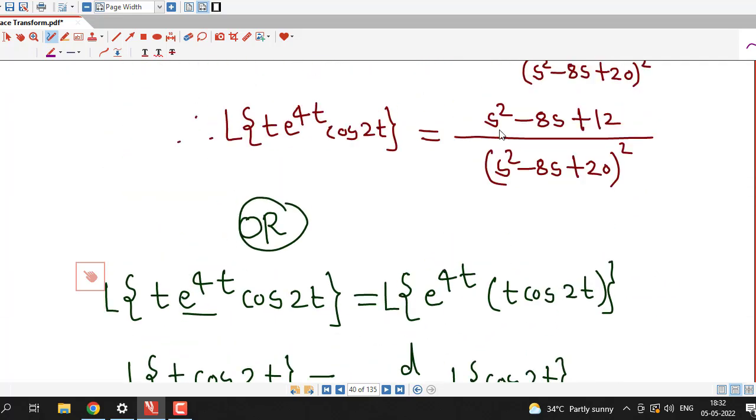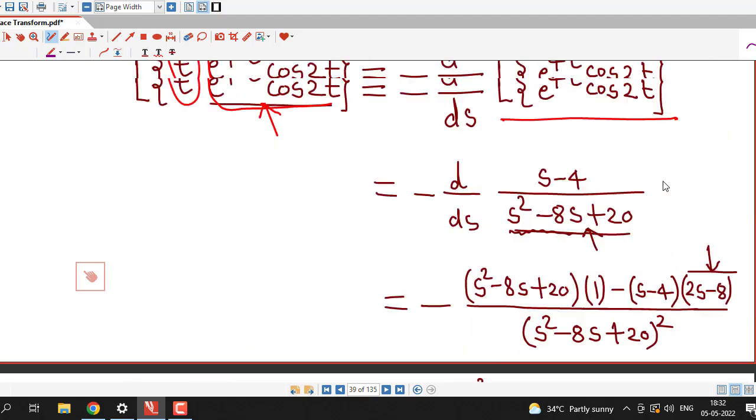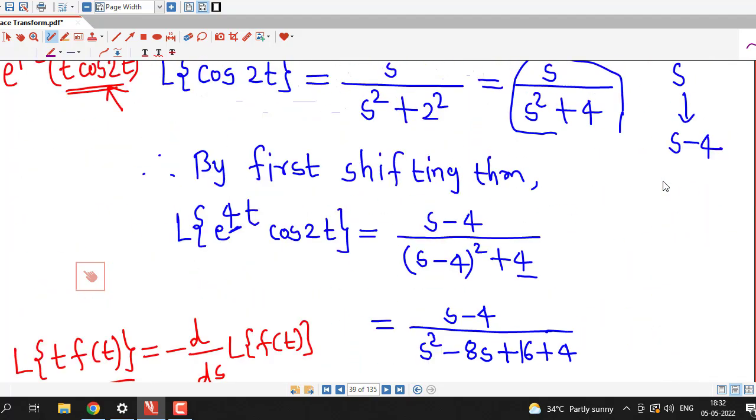So you can see here I also am having same answer, s square minus 8s plus 12, s square minus 8s plus 20 whole square. So either we use first shifting theorem first, or we use multiplication by t first, answer will be same. But you can compare both the methods.